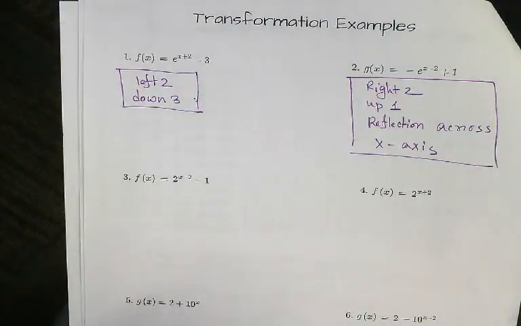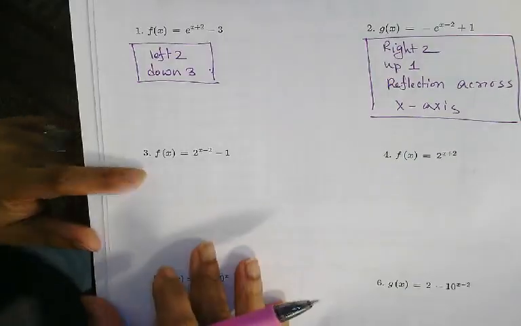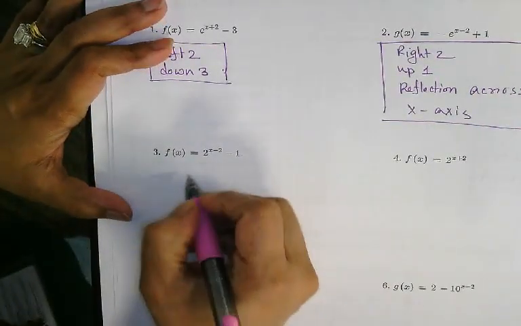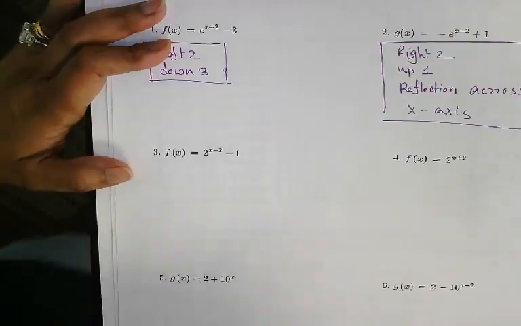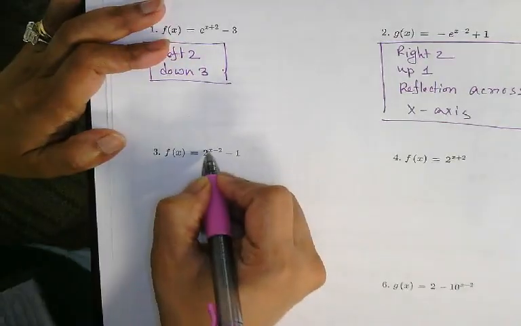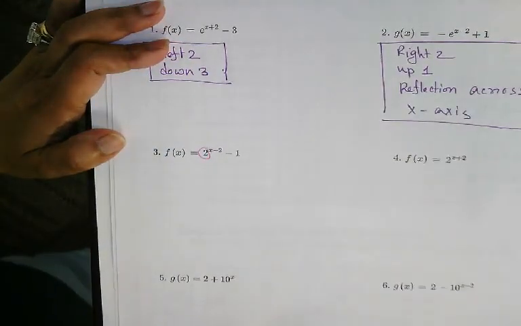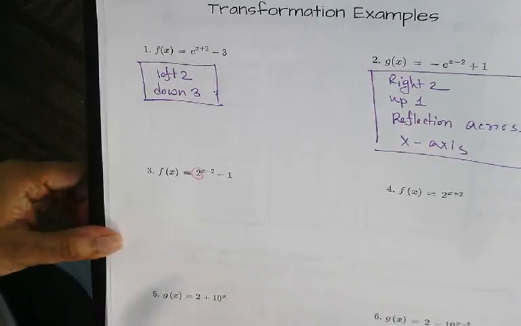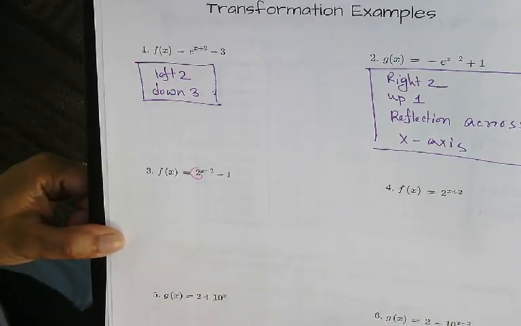Okay, let's check together. Give me number 3. Right 2. This is not a vertical stretch. This is my base. We're going to have 3 different bases. So over here, this is my base. This is not the vertical stretch.